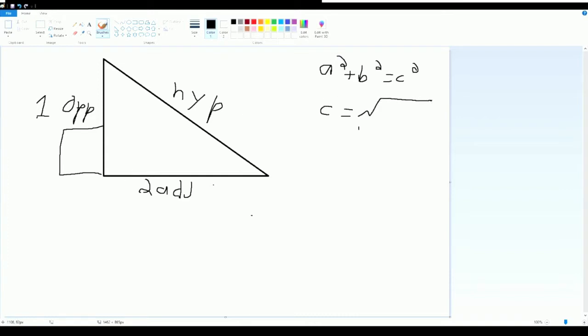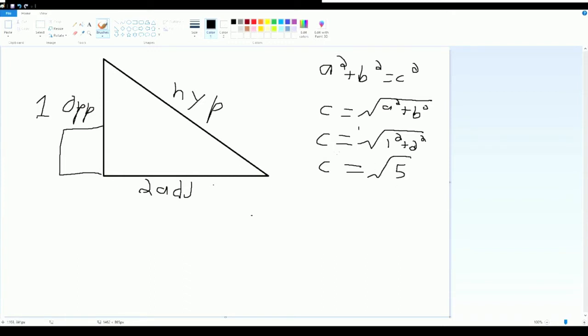It's gonna be the square root of a squared plus b squared, since we have to remove the squared from the c. It's gonna be c equals 1 squared plus 2 squared, and c, which is the hypotenuse, is the square root of 5.